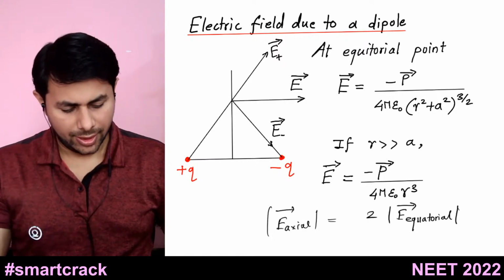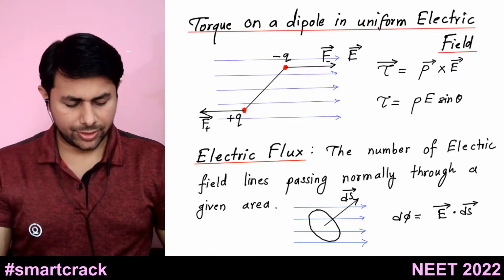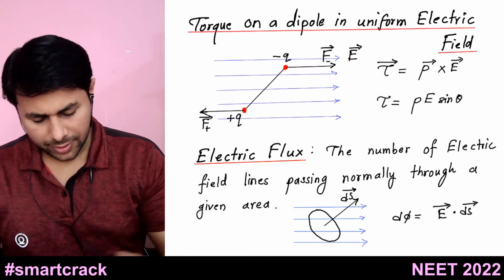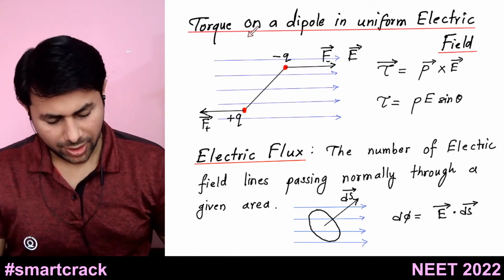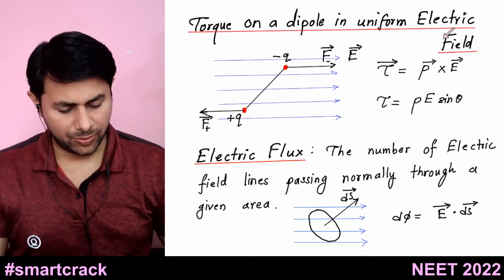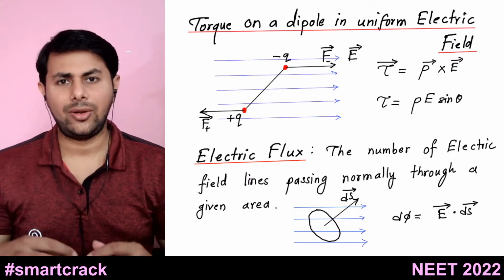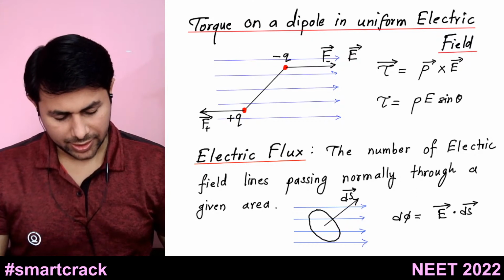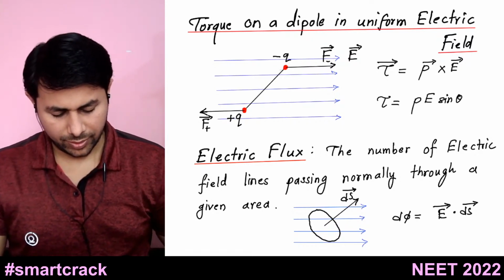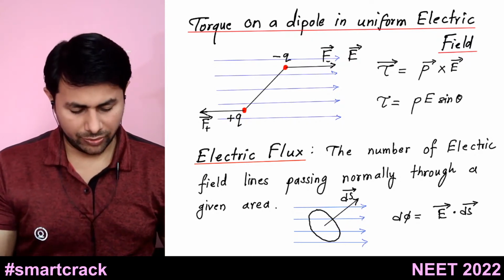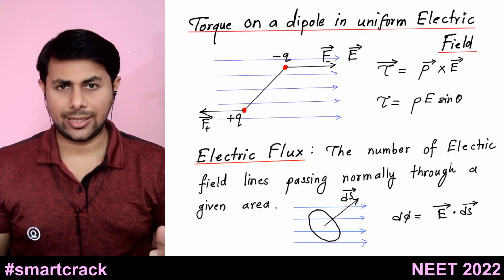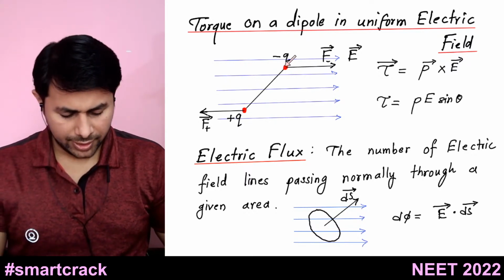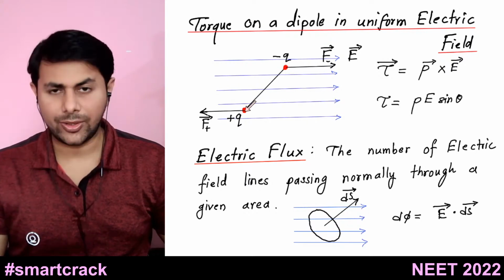All right, so let's move on to the next point. Next point is torque on a dipole in a uniform electric field. So you have a dipole and you keep it in some electric field. So there will be some torque acting on it because there is a negative charge and a positive charge.